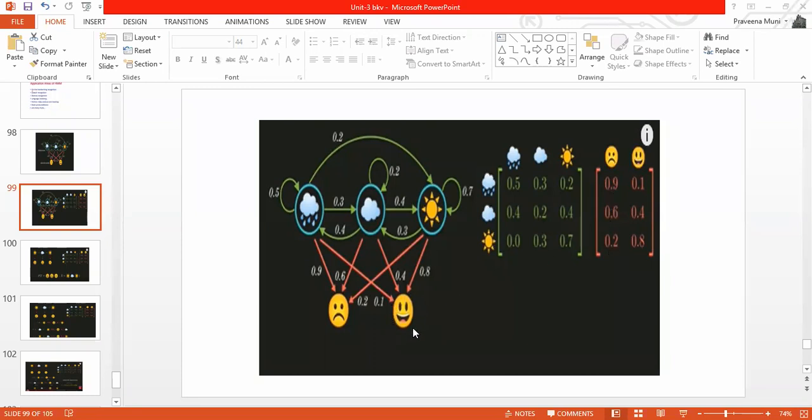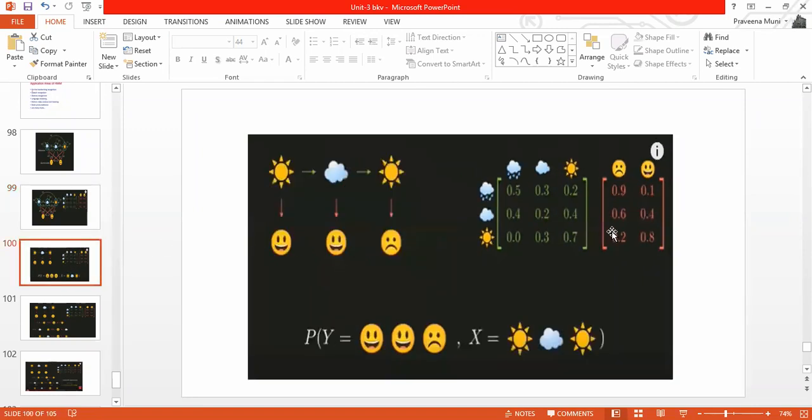The person will be happy for these weather conditions with probabilities 0.1, 0.4, 0.8. So this is the transition matrix, and this is called the emission matrix.